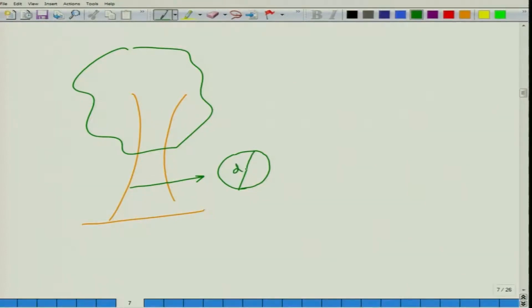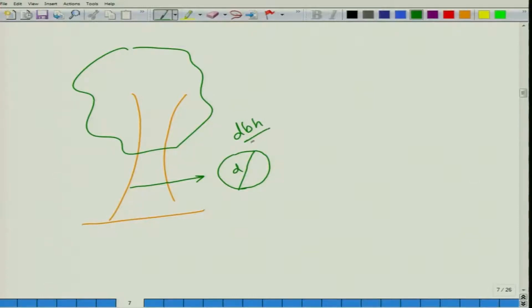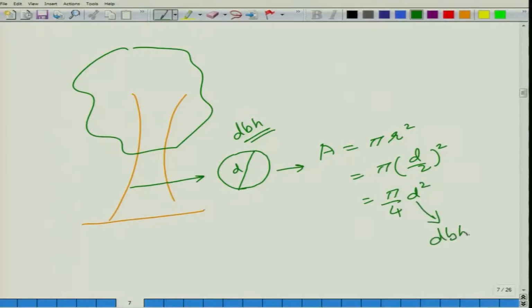Because when we are calculating the basal area, we take our samples at breast height, the diameter is equal to the diameter at breast height, also known as the DBH. If we consider a circular cross section, the area is given by pi r square, or pi (d by 2) square, or pi by 4 d square, and here our d is equal to the DBH.